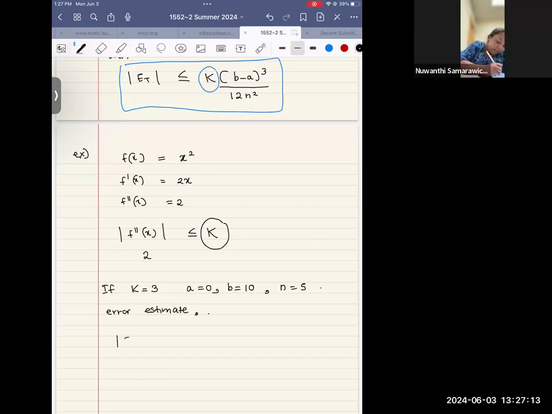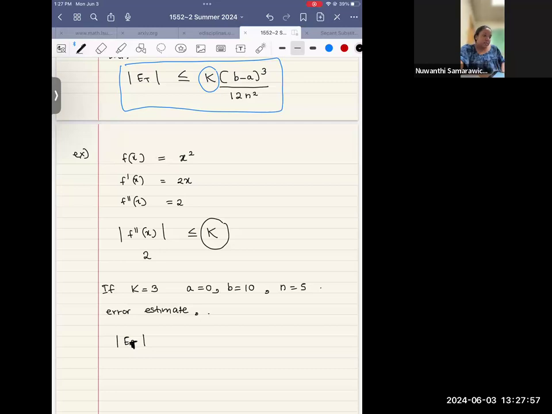Error estimate means you have to find the absolute value of ET, because we use the trapezoidal rule.